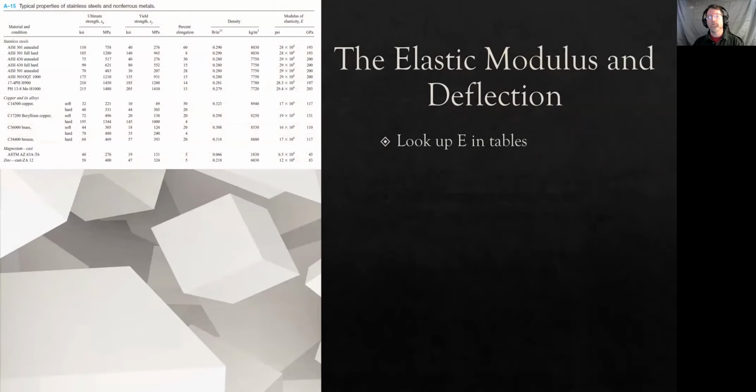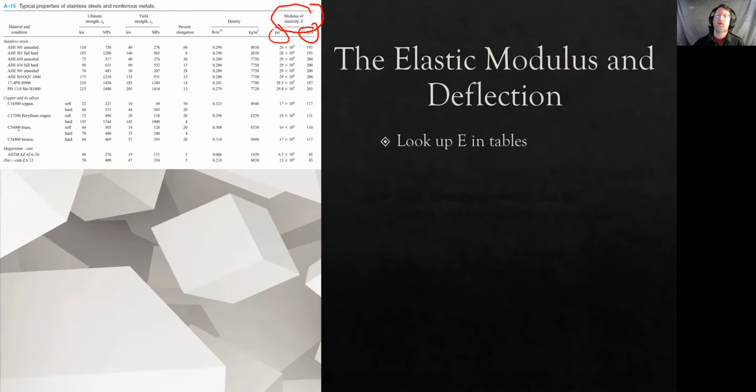We need to look up first that elastic modulus, and we can look that up in tables. So here is a table from your book, and there are a lot of other places to look online, and you'll see right here, modulus of elasticity. Now you've got to make sure you look at the units here, PSI or gigapascals. So this is just an example.